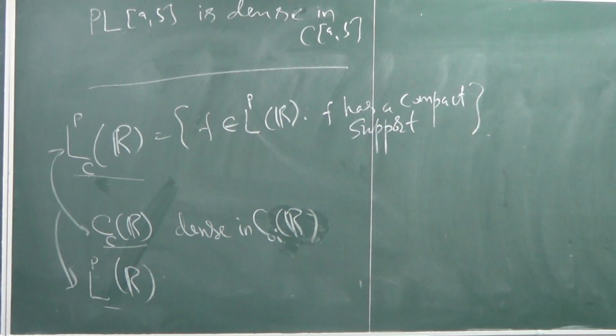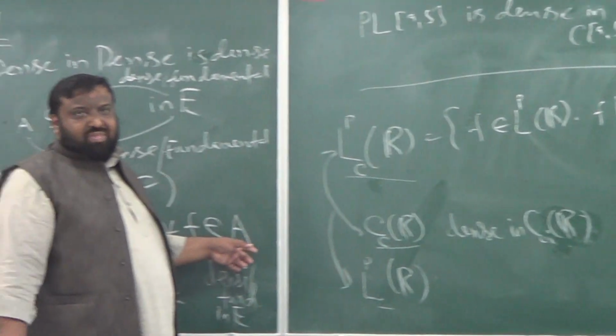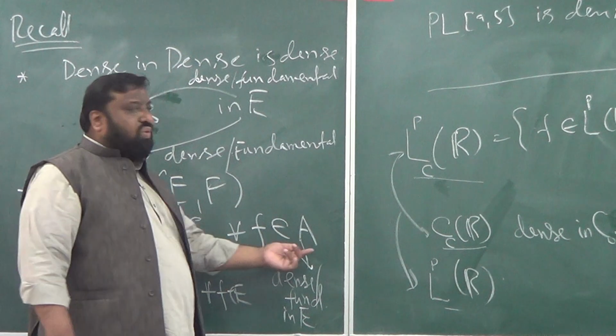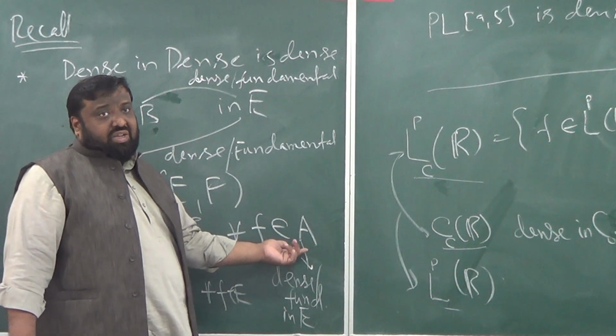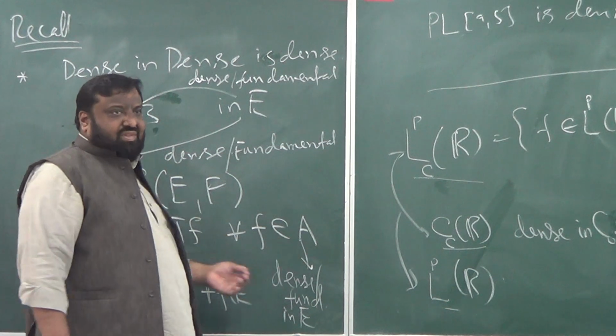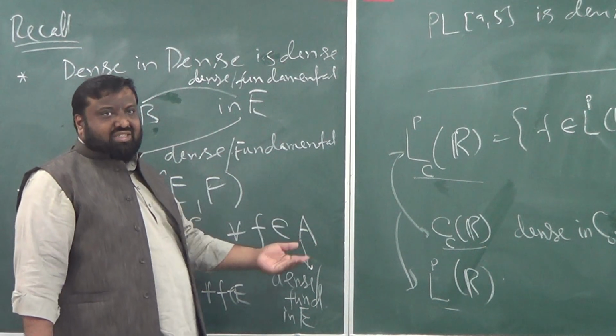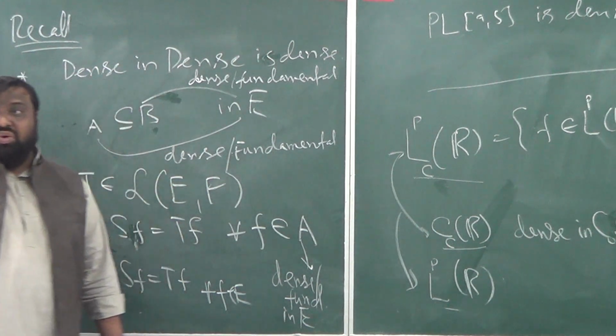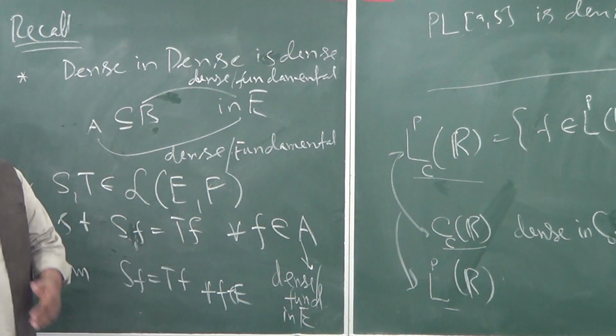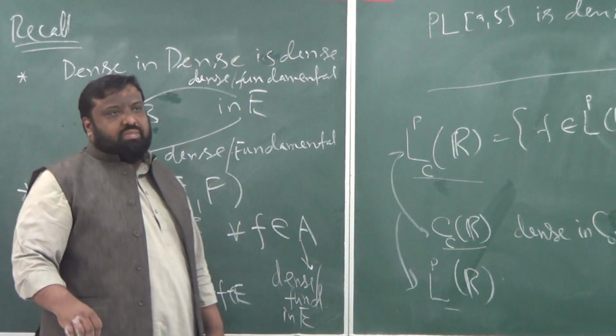And our investigations become much easier if we have such conclusions over dense subspaces. Because once you have a conclusion over dense subspaces, you can extend it over the whole space. And this is called essentially the density argument.